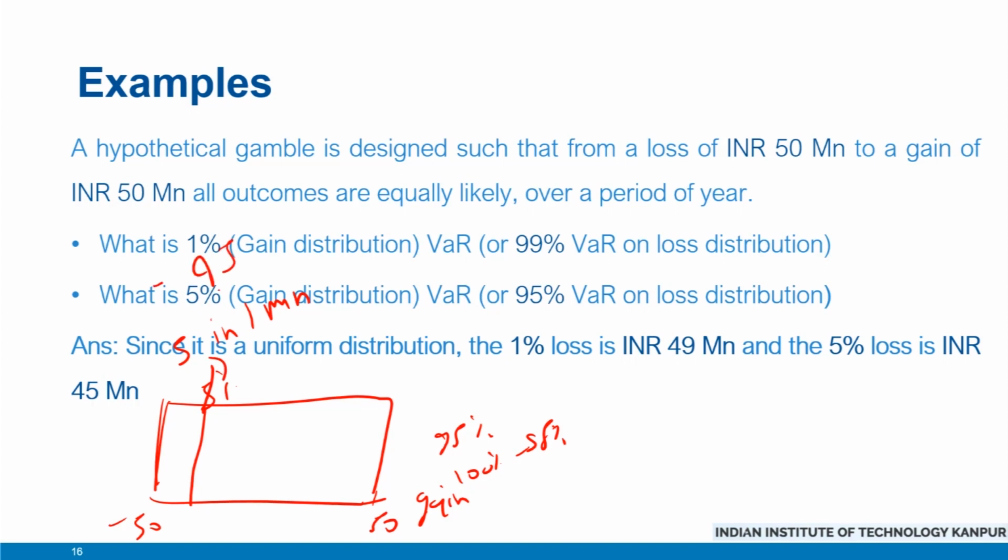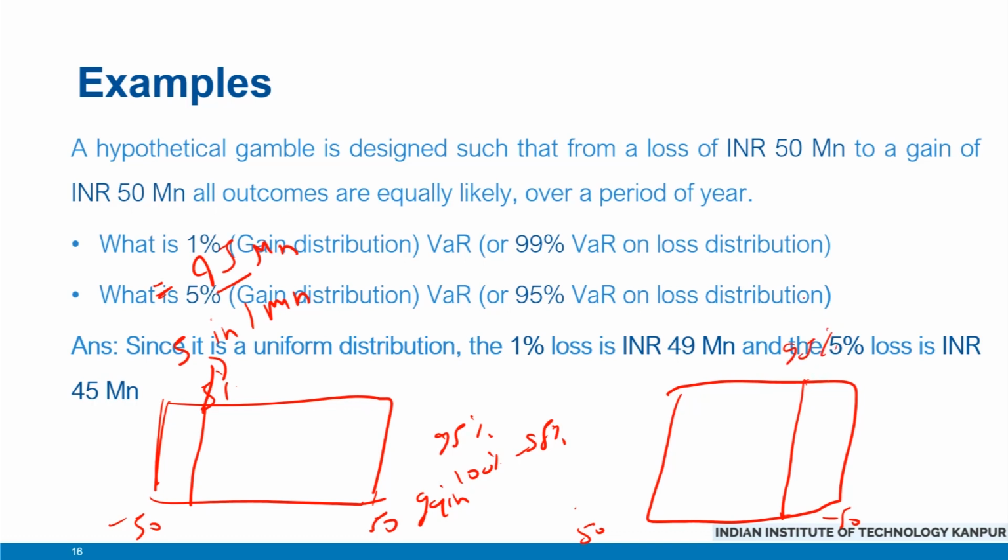So this would be the 45 million loss point, or minus 45 million. Similarly, if I'm looking at the loss function, then it would be 50 to minus 50, and in that case we are looking at the 95% cutoff point on the right side, which would again be a loss of 45 million. Because this was a uniform distribution, it was rather simple to estimate the cutoff points at 95% and 99% confidence levels.